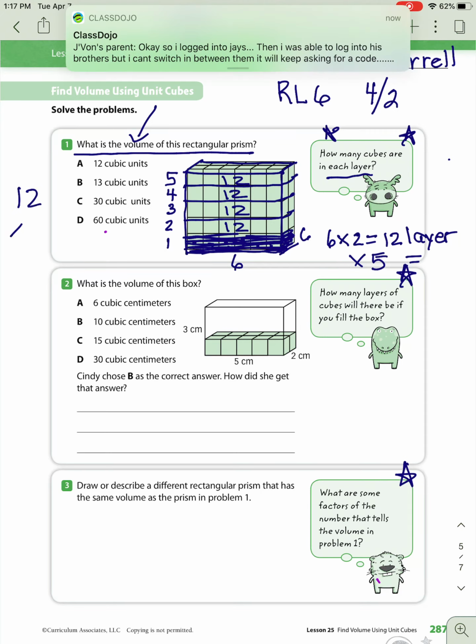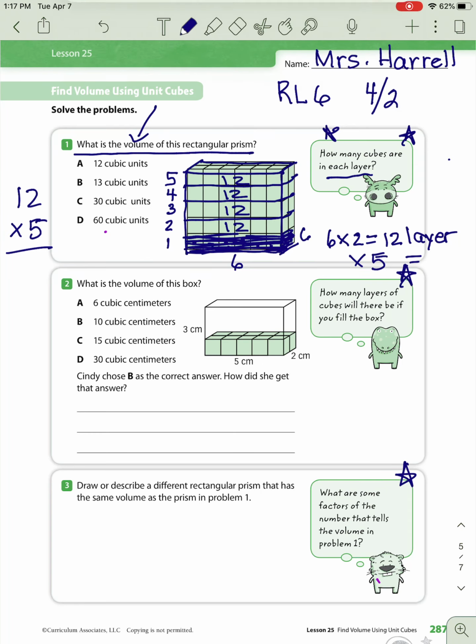And I like the idea of just simply thinking about 5 times 2 is 10, and 10 times 5 is 50, and that gives me 60. So the correct answer is 60.